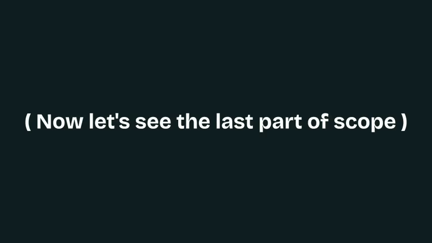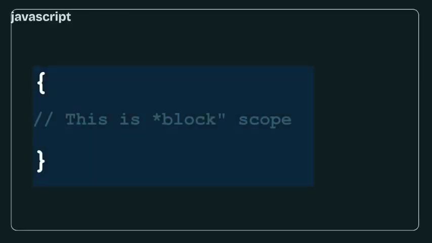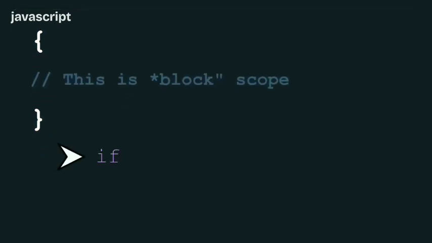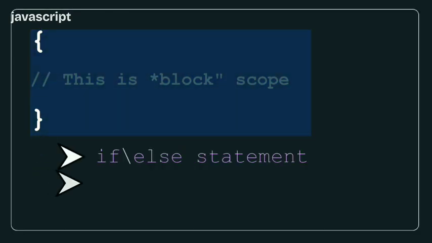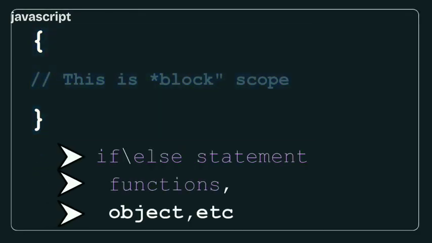Now, let's see the last part of the scope, the block scope. First, let's see what is a block. A block in JavaScript refers to any section of code which is enclosed by curly braces. In this example, the highlighted section is a block scope, and there are many examples such as if block, for loop, function, object, etc. Let's see what is block scope.